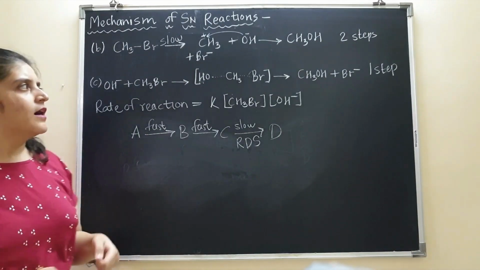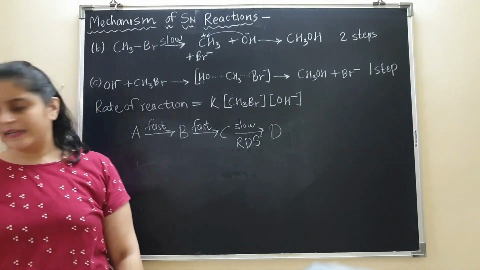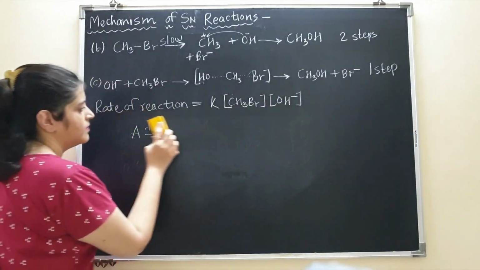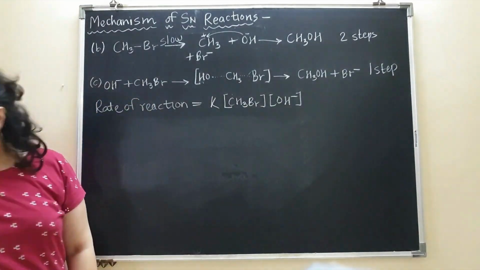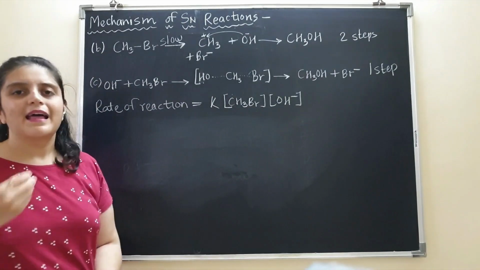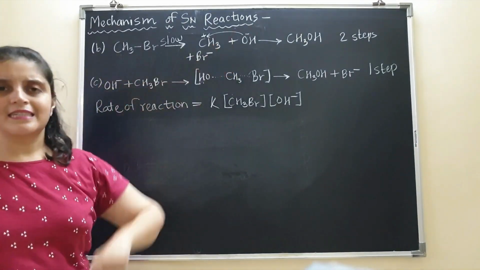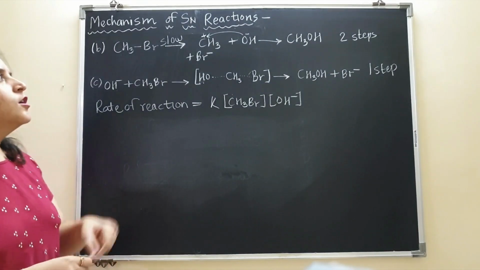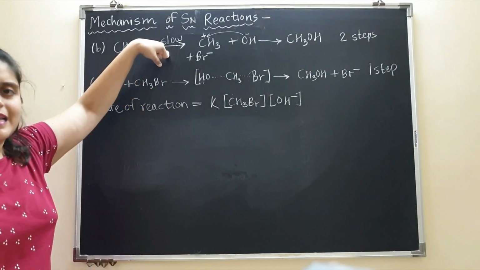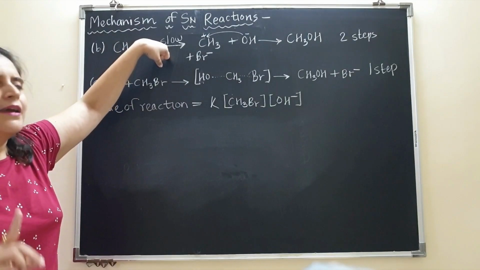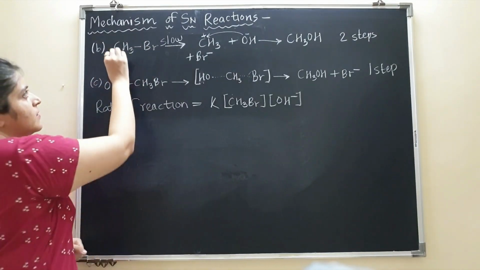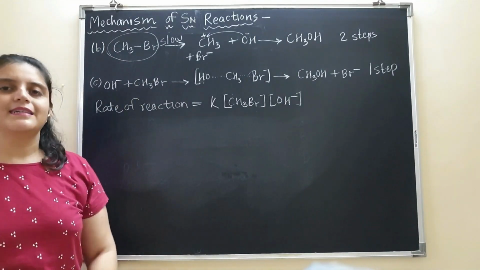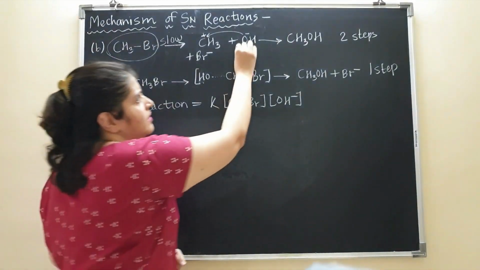So now if you observe our kinetics over here, अगर अपना रिएक्शन पहले वाले स्टेप से होगा, पहले वाले मैकेनिज्म से अगर होता है, तो वो किसके ऊपर डिपेंड करता है? सिर्फ पहले स्टेप पे. Now in the first step, there is only one reactant present, that is CH3Br.